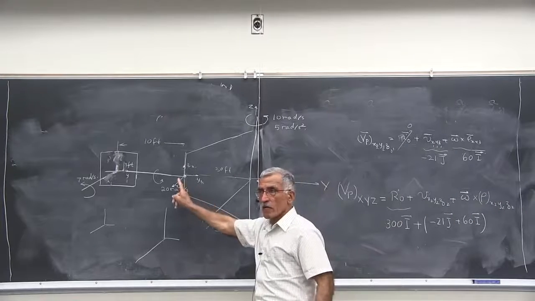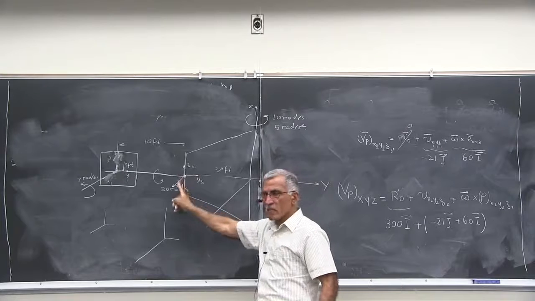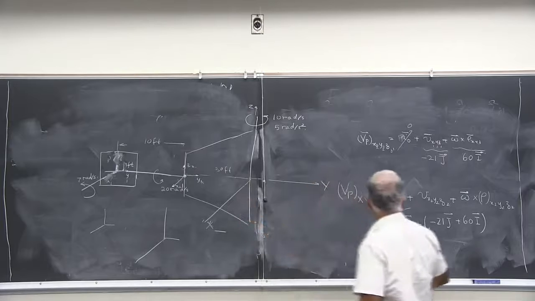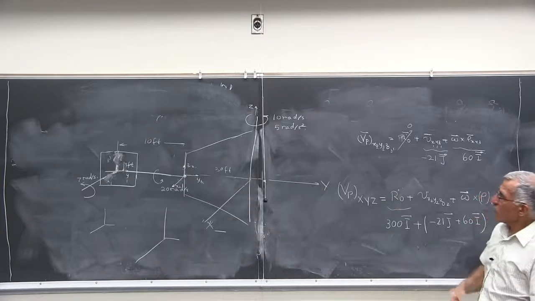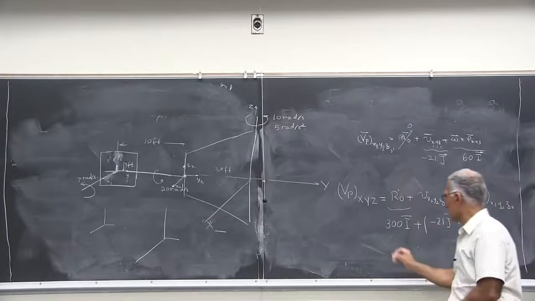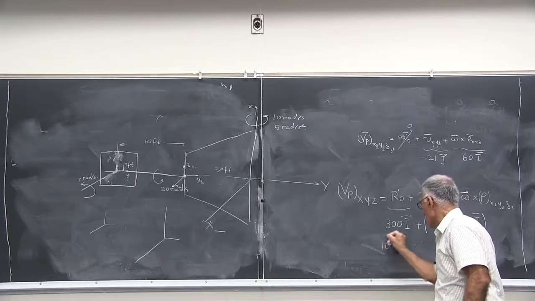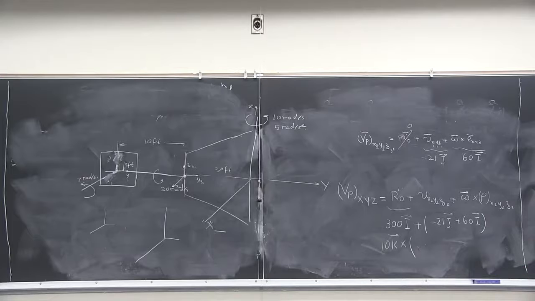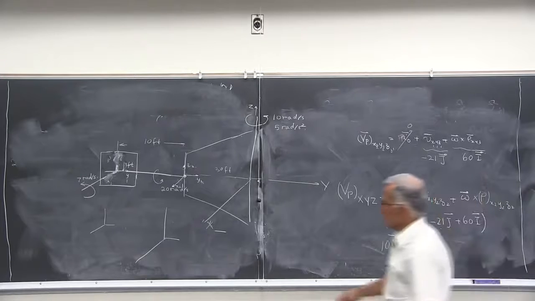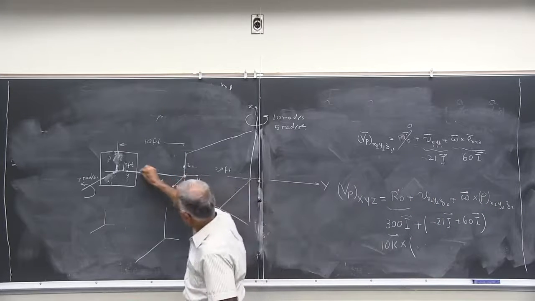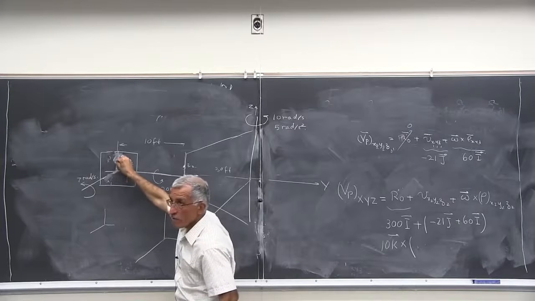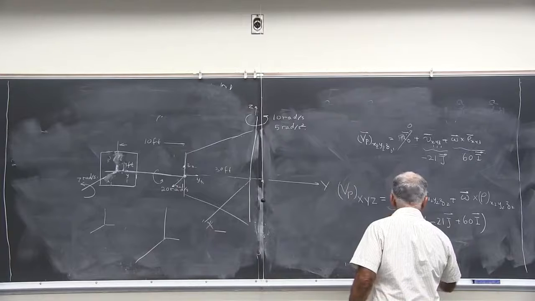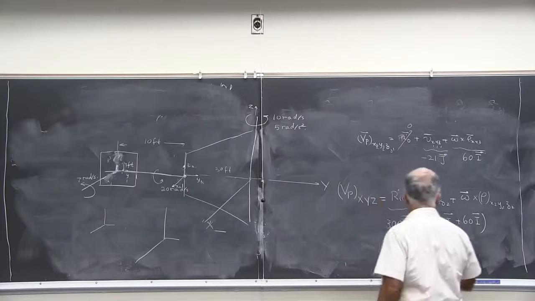This time, this is my auxiliary reference frame, being twisted with respect to here. So you have to say omega times rho xyz, and omega is equal to 10k times rho xyz, rho with respect to x2, y2, z2, and rho with respect to x2, y2, z2 is 10 feet and 3 feet. So that would be minus 10j plus 3k.